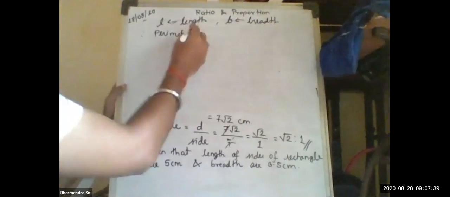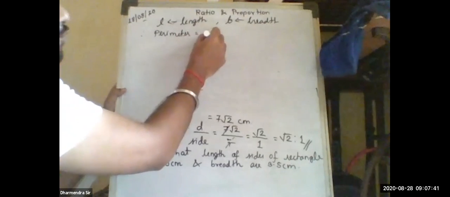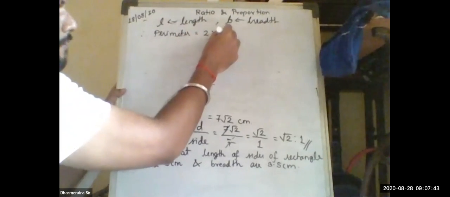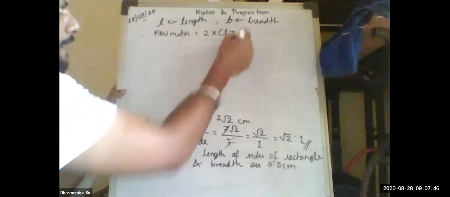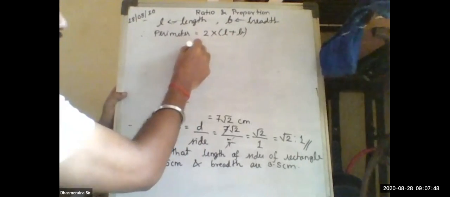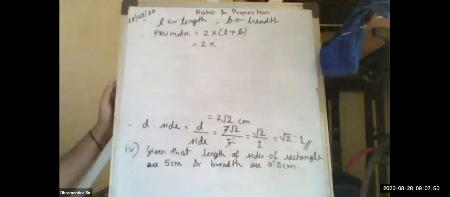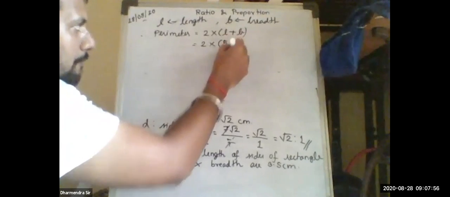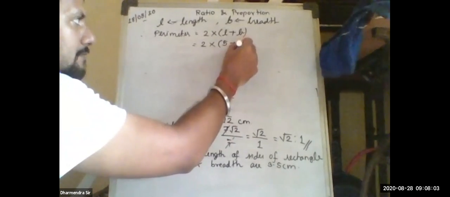So we know that perimeter of a rectangle is given by 2 times length plus breadth. So 2 times, what is the value of length? Length is given by 5 plus value of breadth, which is given as 3.5.